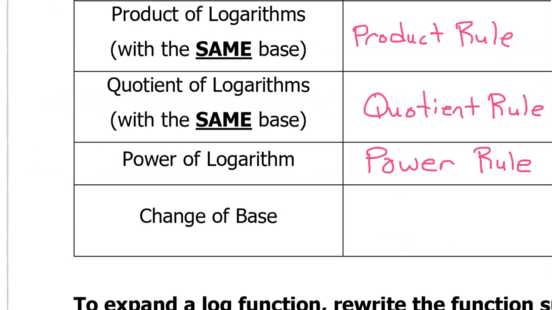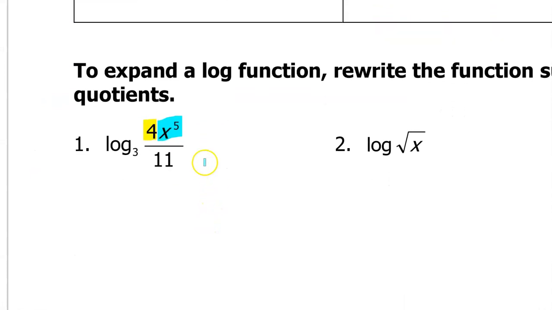So how do we handle it when we have a product and a quotient all mixed together? Well, we have 3 factors. So we're going to expand and have 3 terms. The bottom line is every term that comes from the numerator is going to be positive. Every term that comes from the denominator is going to be negative.